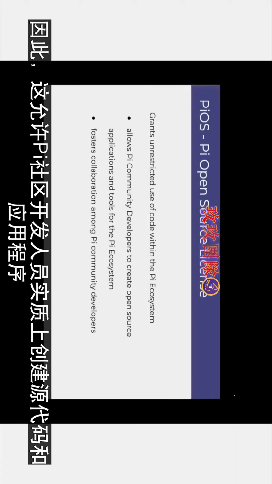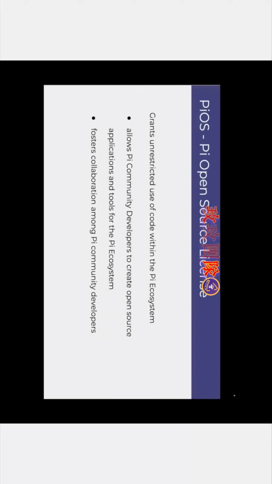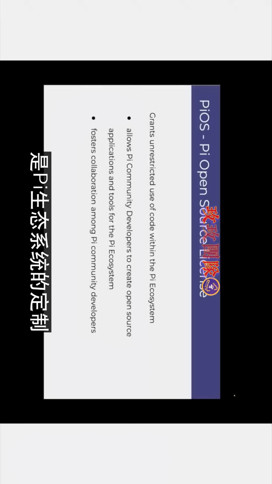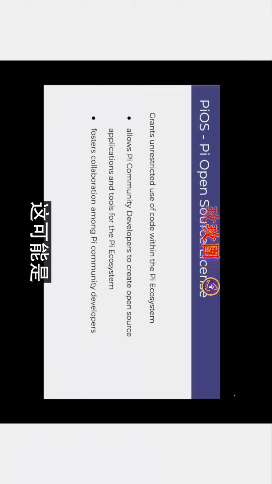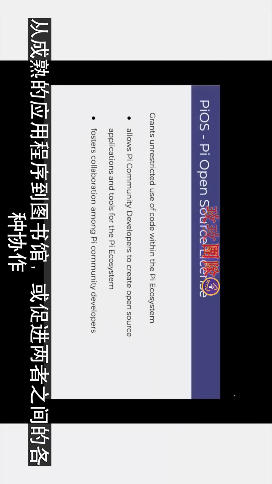So this allows Pi community developers to essentially create source code and applications that are custom for the Pi ecosystem. And that can be all the way from full-fledged apps to libraries and foster all sorts of collaboration between Pi community developers.